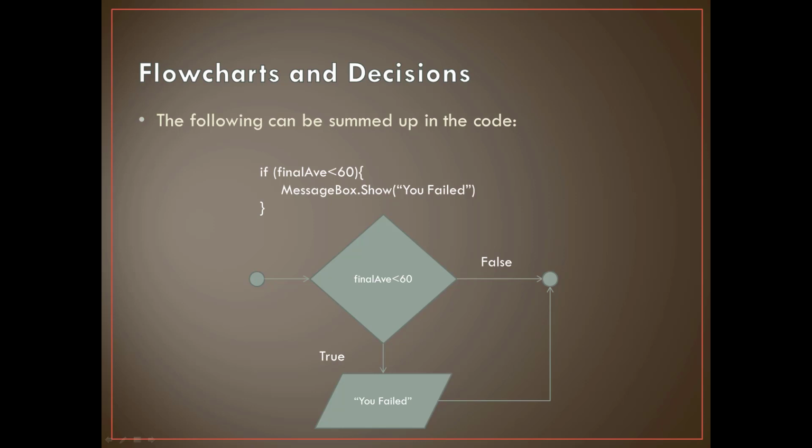And if it's above a 60, it causes a pass. So when you look at this diamond, the final av is less than 60. That's not a statement of fact. What that is, is an evaluation. So if it's true, so if my final average is below 60, it's going to take this path and say you failed. If not, it's going to go to the next step.